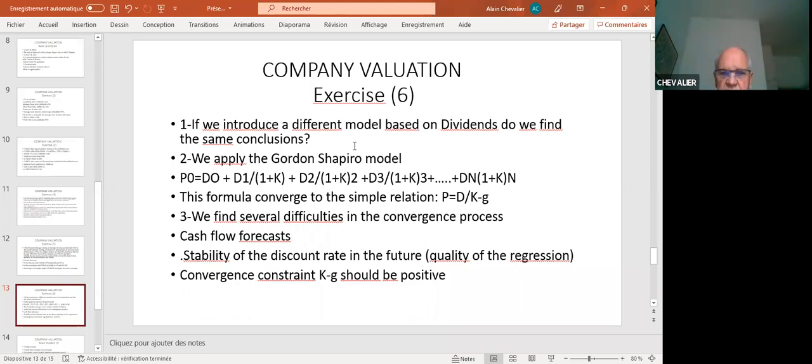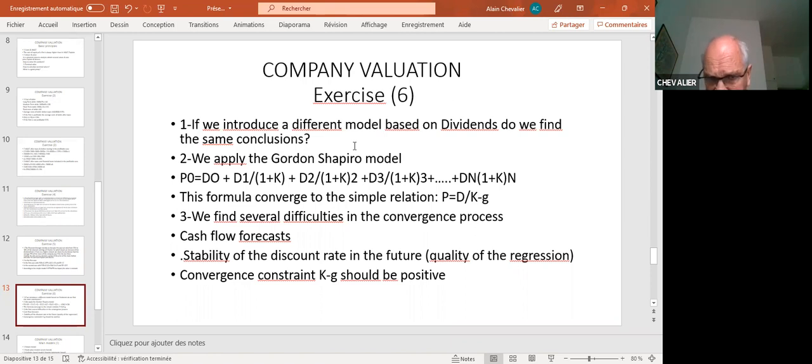And this very complicated and difficult to use formula can be summarized into what you find on the third line of point 2, which is a very simple relation.